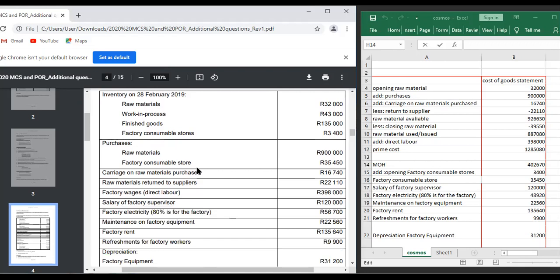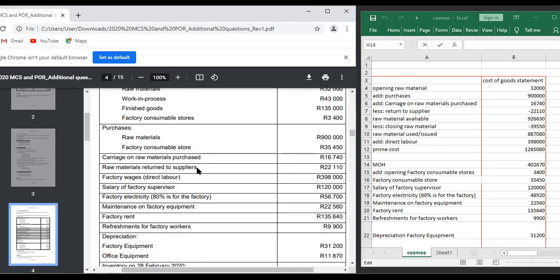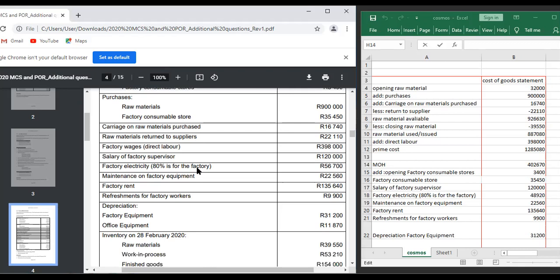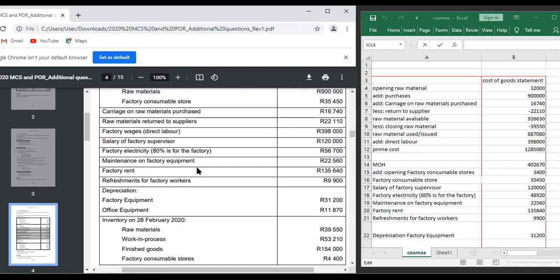The factory wages, this is the direct labor, salary of the factory supervisor, factory electricity, now 80% is for the factory, maintenance of the factory equipment, rent for the factory, refreshments for the factory, depreciation, factory equipment, office equipment.